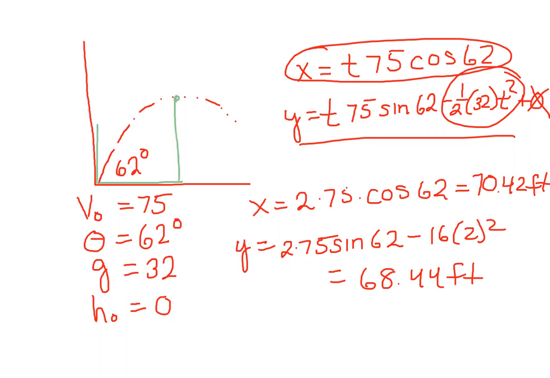So maybe this right here would be two seconds, and this would be 70, and this would be 68. Okay, so that is what we're doing in these problems. We're using the parametric equations with time and theta to find the horizontal distance and the vertical distance. So let's look at the next one.